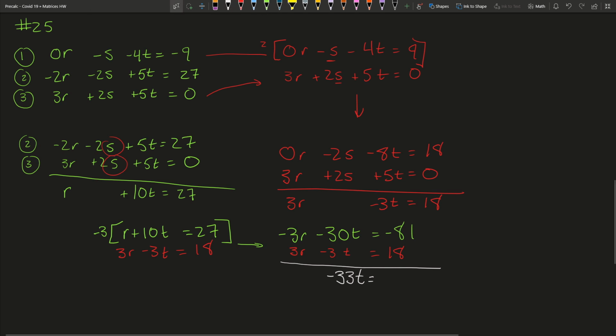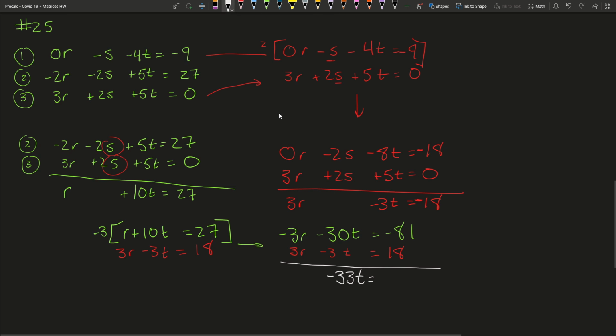Give me 1 second. The green one looks fine. Yeah, it looks like the red one's fine too. Oh, I see. Okay. This should be -9 up here, which means this is -18. And this is -18.